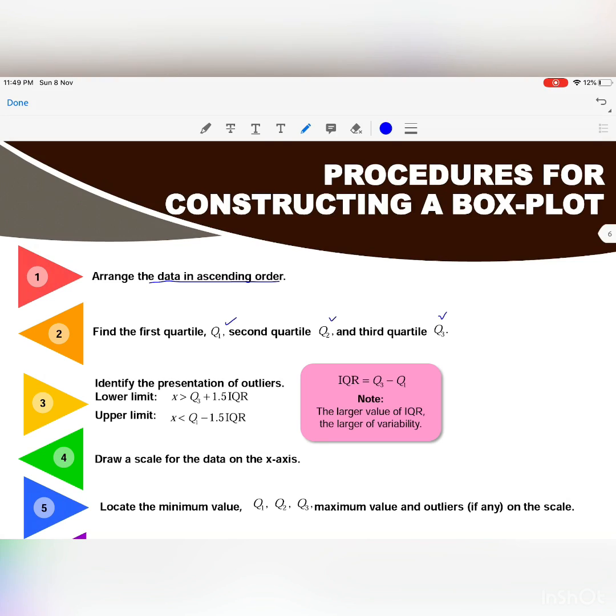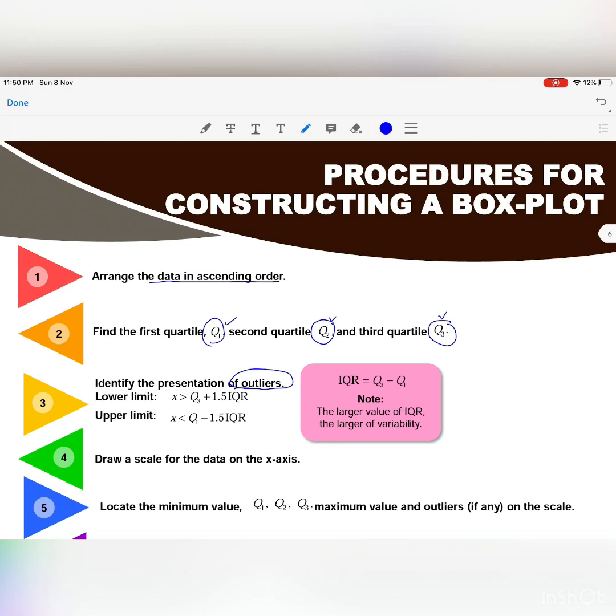As we know, before we find the quartiles, we need to arrange the data in order. After you find Q1, Q2 and Q3, the third procedure is to identify the outliers.